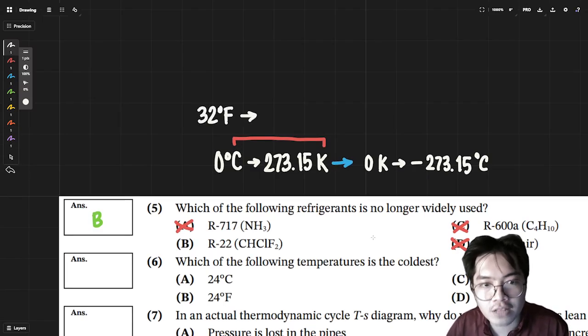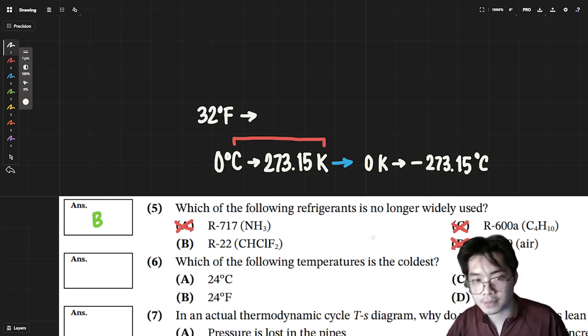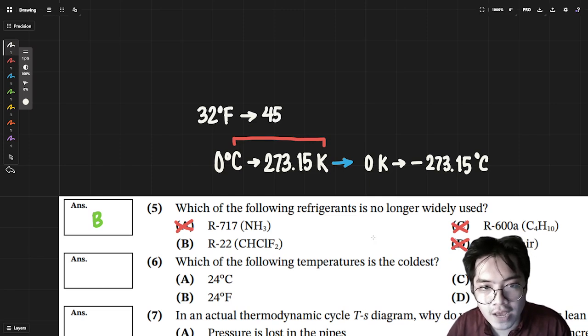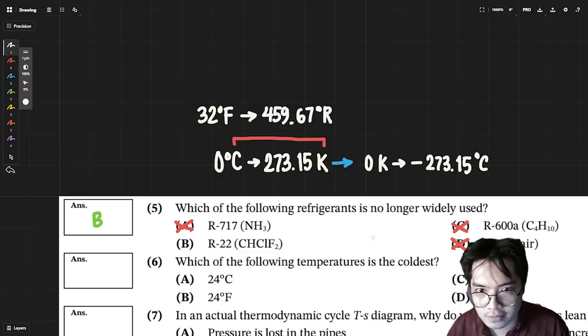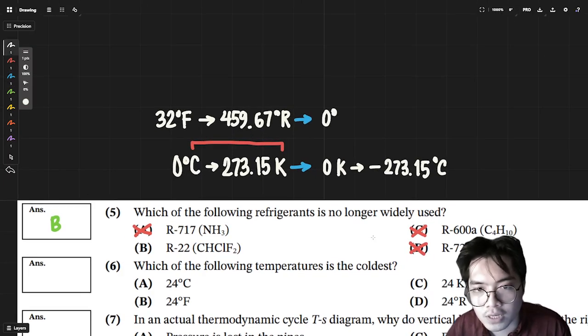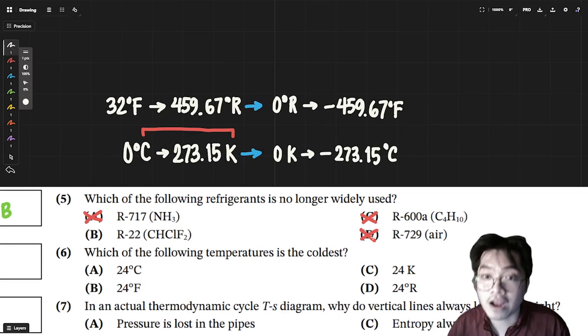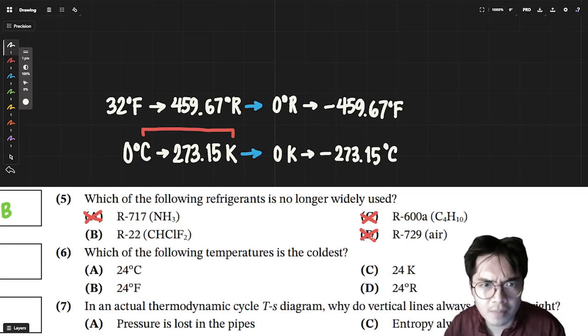And if you turn that into degrees Rankine, the absolute version of the Fahrenheit scale, it will be 459.67 degrees Rankine. Therefore, the coldest possible temperature would be 0 degrees Rankine, or of course negative 459.67 degrees Fahrenheit.